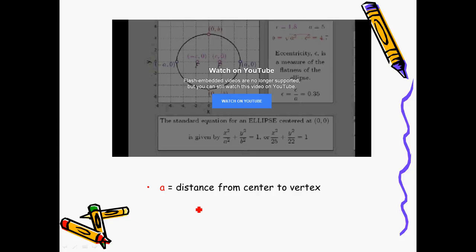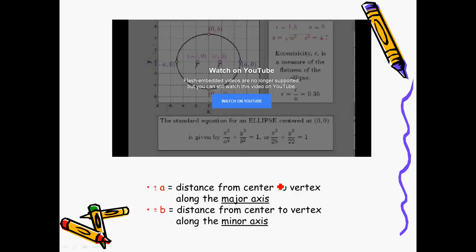So remember, A is a distance. There's really a plus and a minus A, right? It's the distance from the center to the vertices along the major axis. B, which again is really a plus and minus, is the distance from the center to the vertex along what? The minor axis.